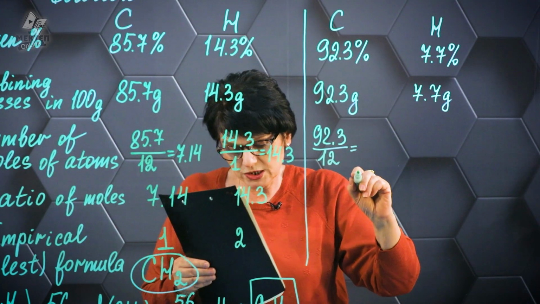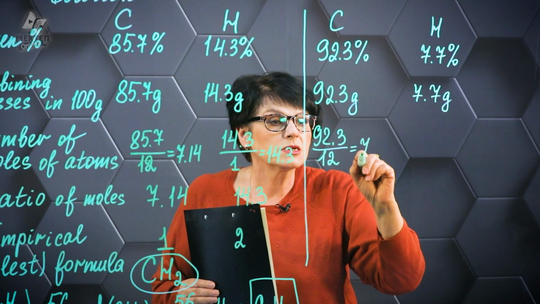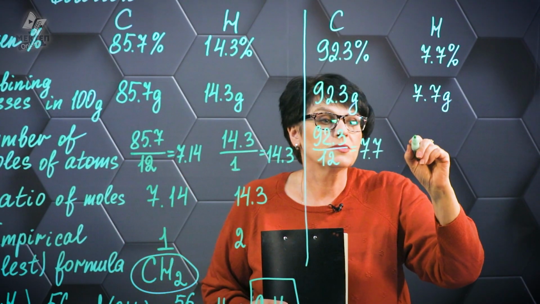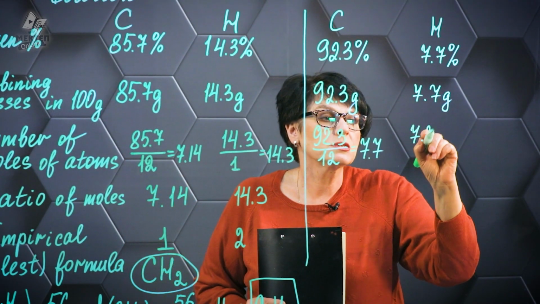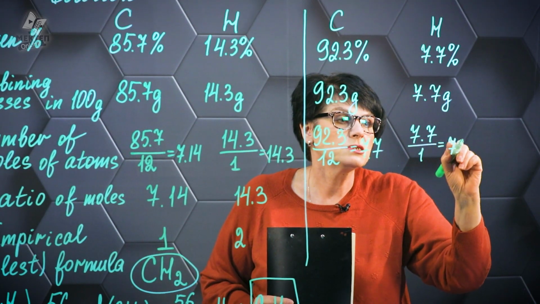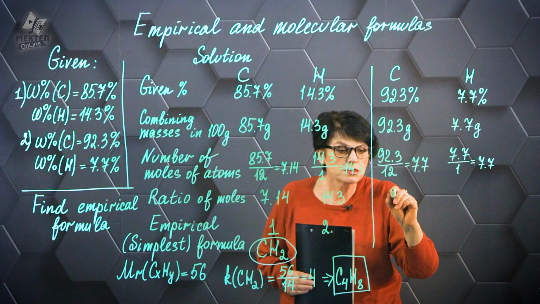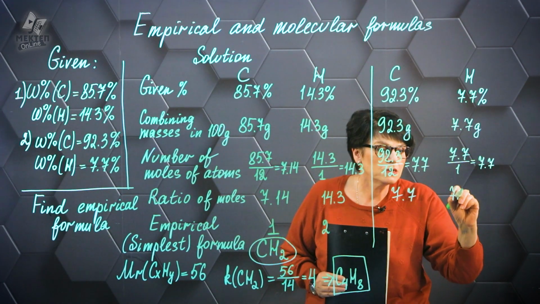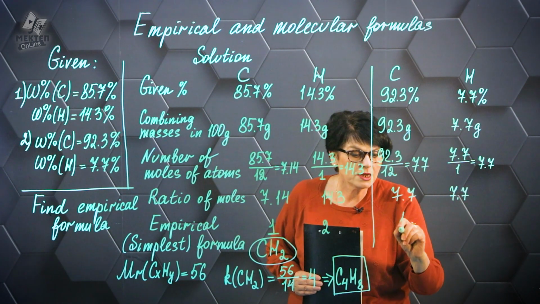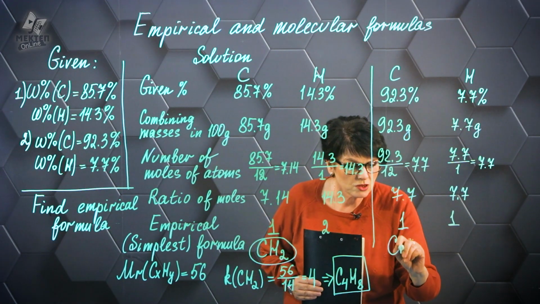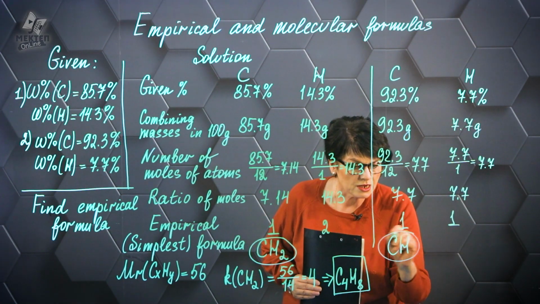This gives us approximately 7.7. And for hydrogen, it will be 7.7 divided by 1, which will also be 7.7. Then we have a ratio of 7.7 to 7.7, or 1 to 1, which means the simplest formula is CH.